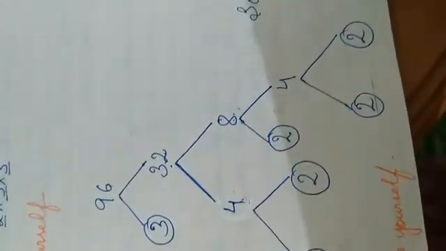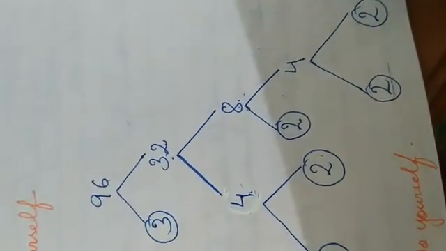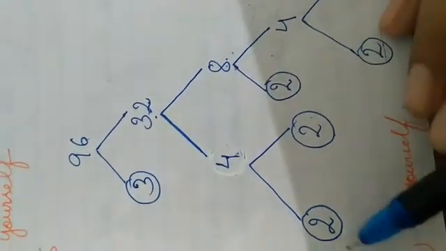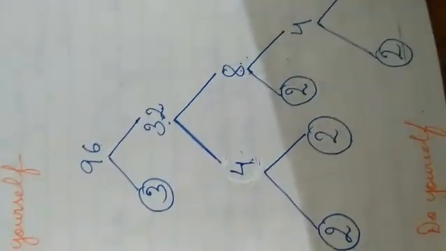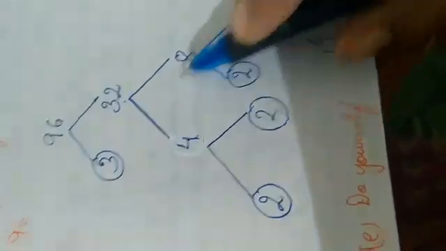So what are the factors of 96? We will see here how many 2's there are: 1, 2, 3, 4, 5. There are five 2's. We will write 2 into 2 into 2 into 2 into 2, and then next there is a 3, so into 3.